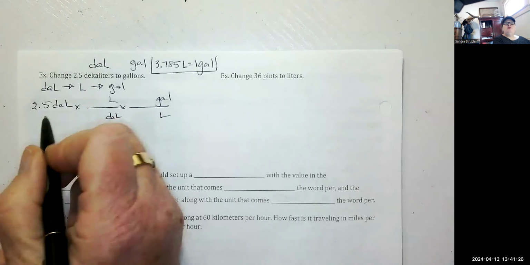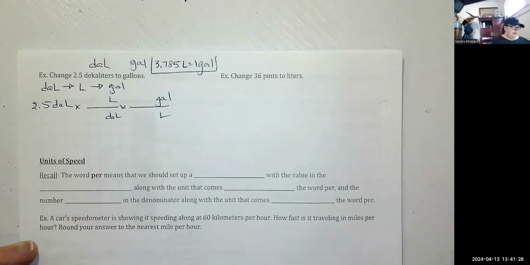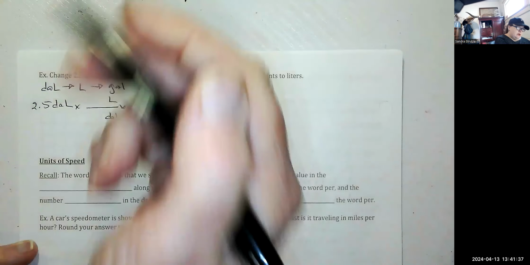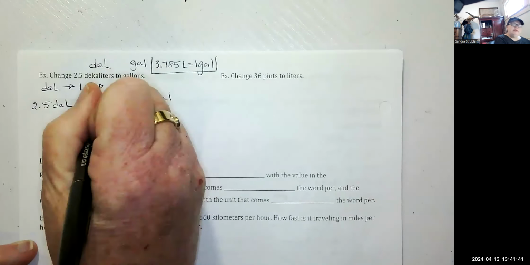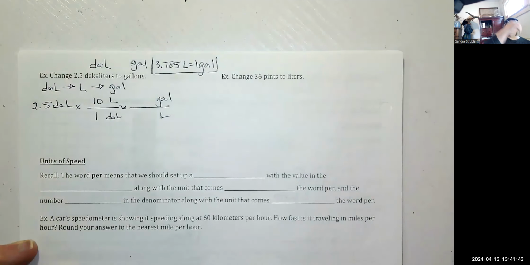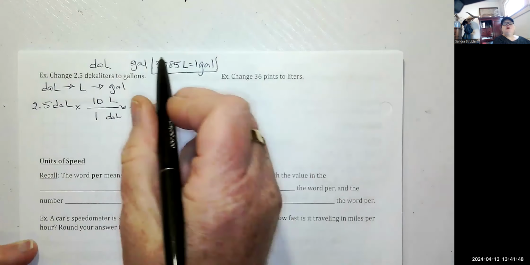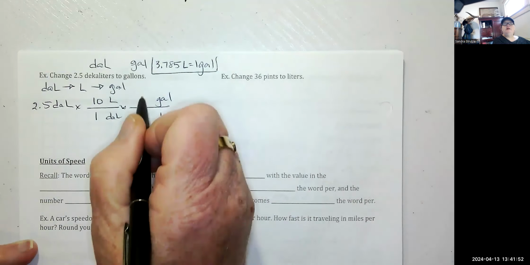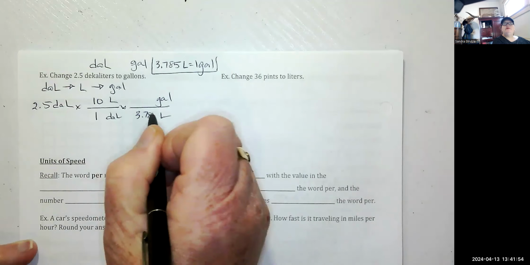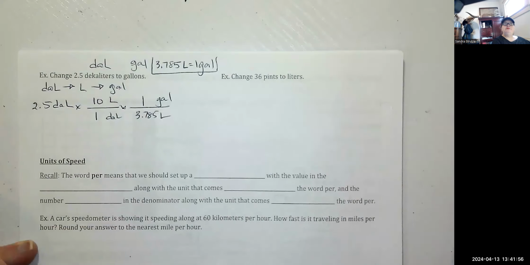All right, numbers. How do we get decaliters to liters? If you go back and look at those conversions from the last lecture, we had that 10 liters is 1 decaliter because it was the first one above liters. Now we can use the conversion we have here to convert from liters to gallons. So 3.785 and 1.